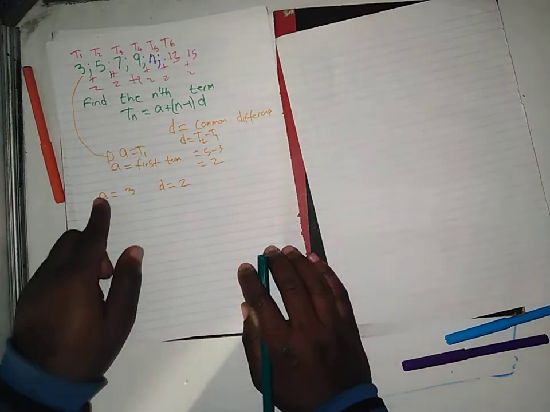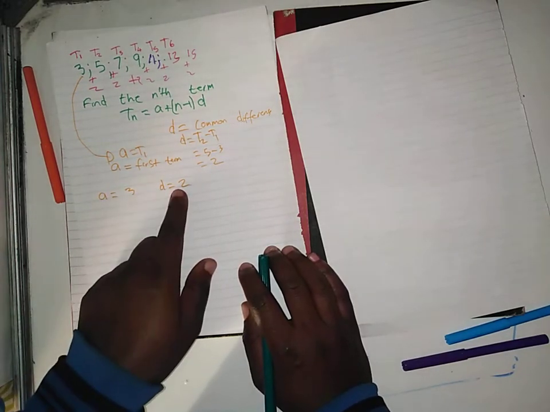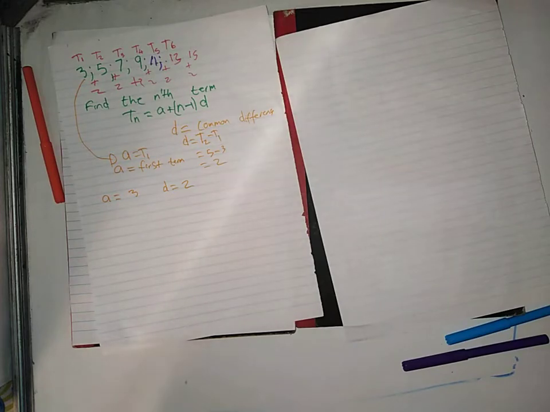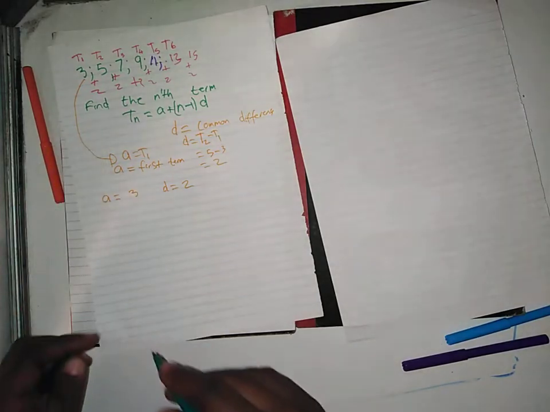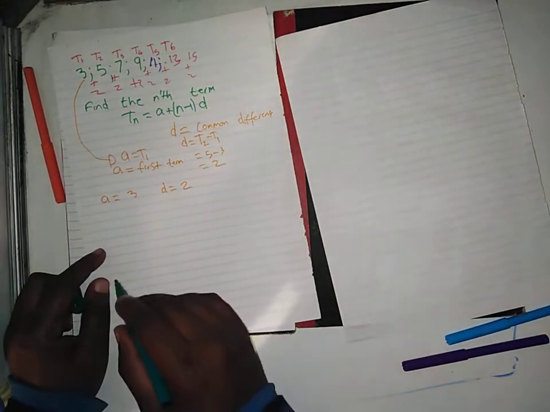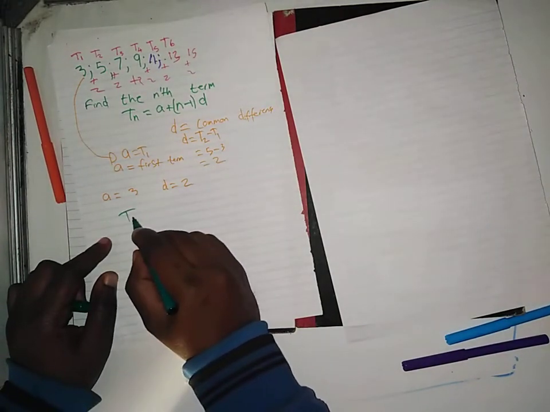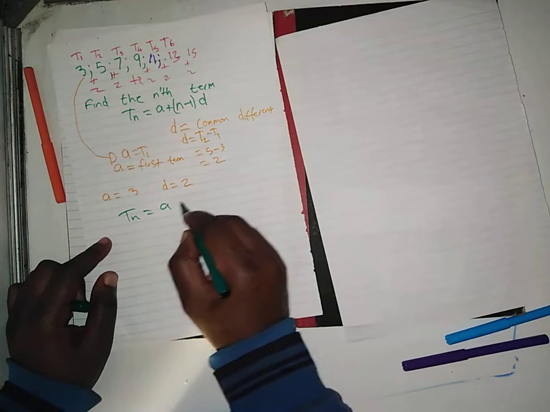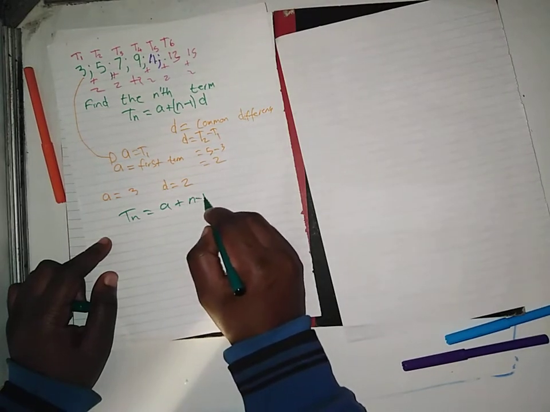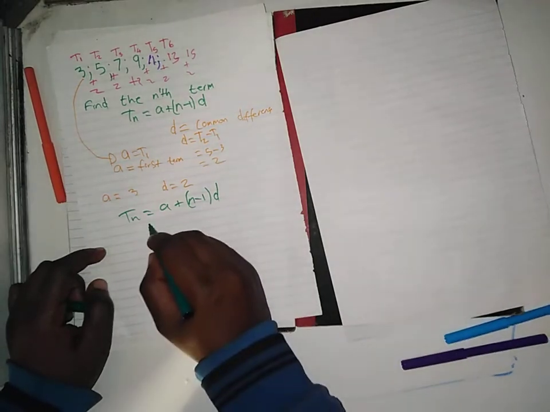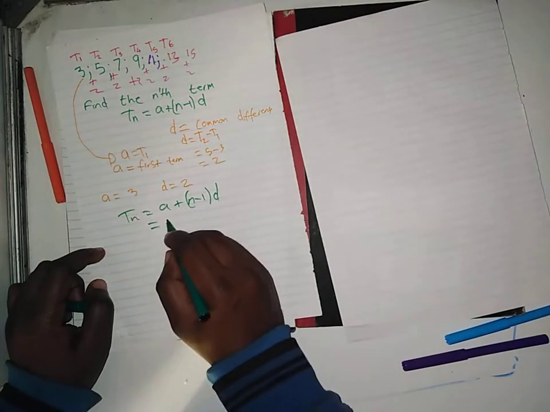All right, so you already got A here, and then you've got D, and so now if you want to find the nth term of this sequence particularly, you will say okay, so we know that Tn is equal to A plus (n minus 1)D. All right, so in place of A, what do you put? You put 3.